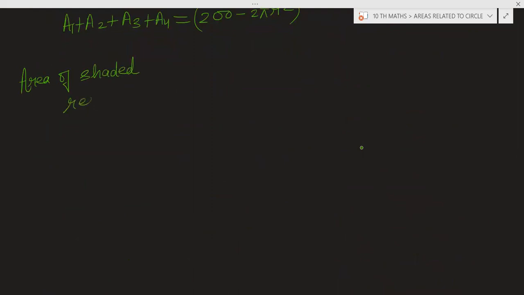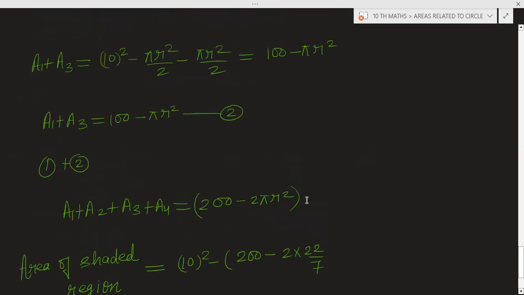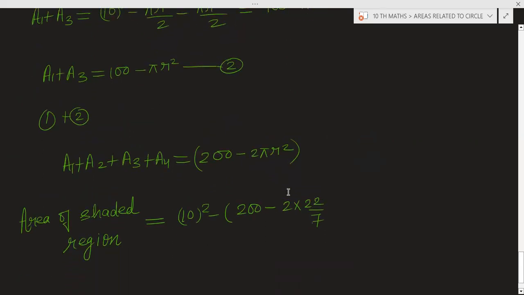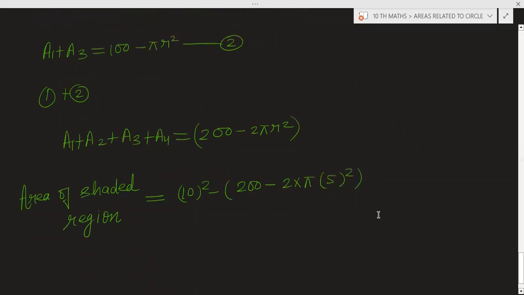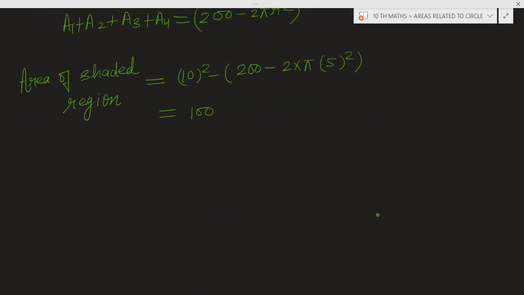Area of shaded region is area of square minus A1 plus A2 plus A3 plus A4, which will be 100 minus (200 minus 2 pi r square). Pi we can write as 22 by 7, or we can write in terms of pi also. So it will be 2 pi r square, and r square means 5 square. 5 fives are 25, 2 twenty-fives are 50 pi.